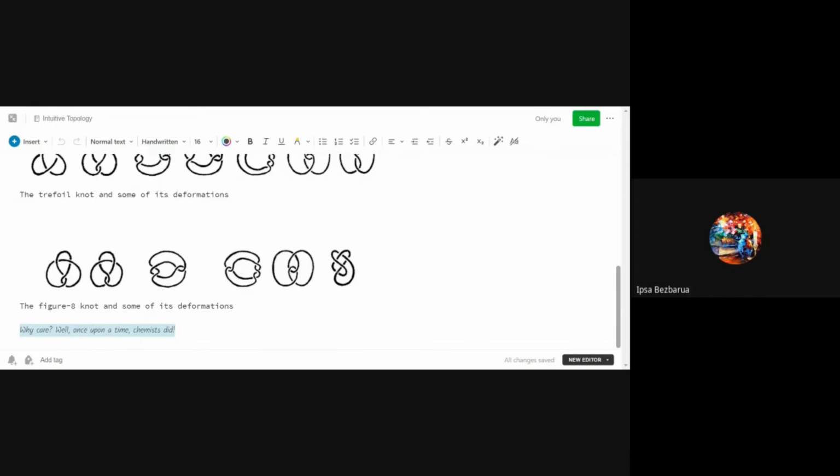Anyway, Kelvin was convinced that atoms of elements actually exist in the form of knots. I have no clue why he thought that was possible, but he did. He was obsessed with the idea.